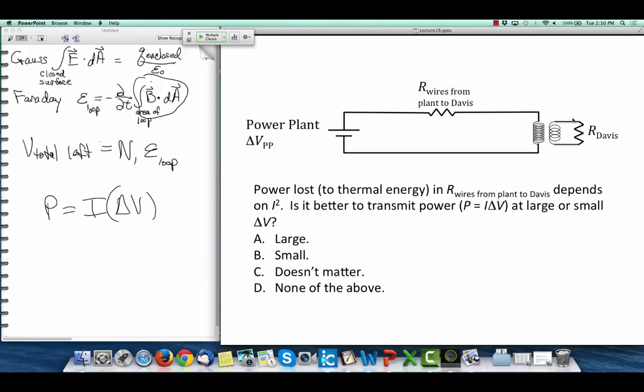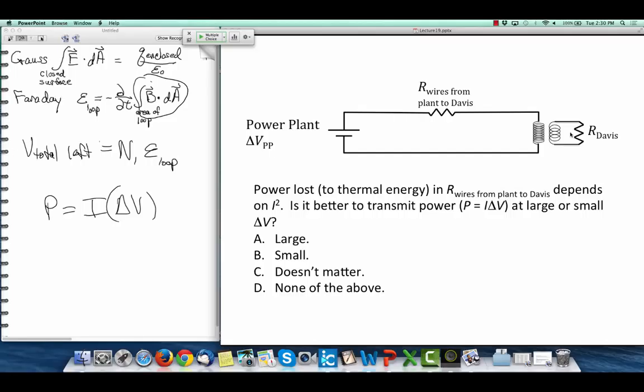Every time you plug stuff in, it uses energy. And so I'm using this resistor as a way to model what the city of Davis does in terms of taking energy out. It does a lot of other things with the energy, but let's just pretend it's a resistance.